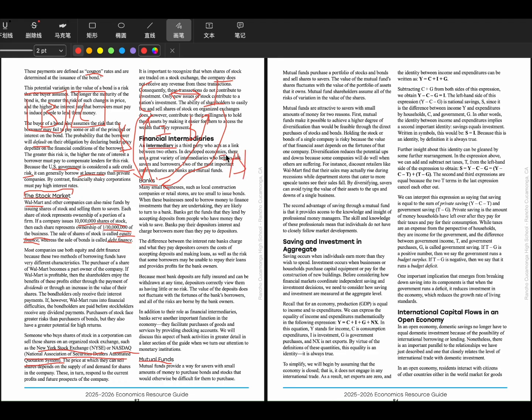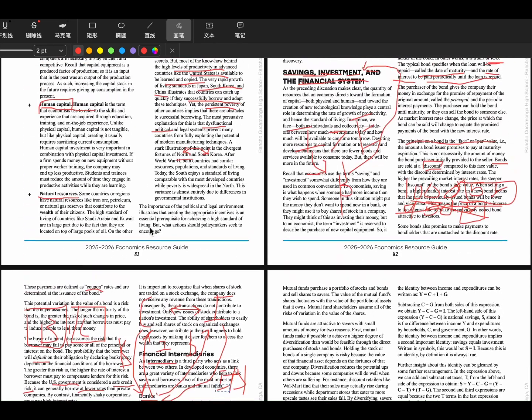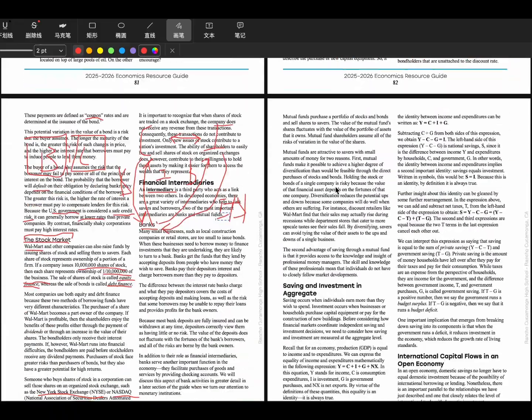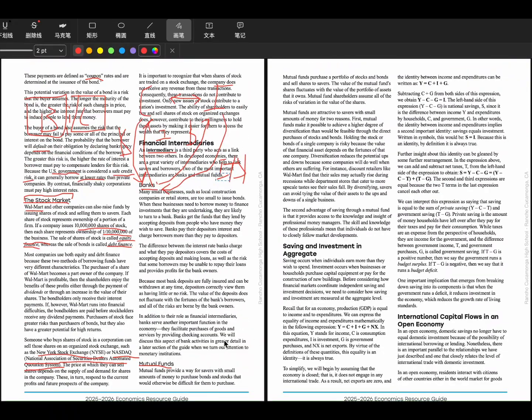So that's one way that banks can act as a safe intermediary between the two, especially with the regulations that are provided nowadays after the 2008 financial crisis and the risky behavior of the banks. The next one is mutual funds. This could be operating on the bond market or the stock market. It's a way for you to buy a lot of bonds from many different companies using very little money.